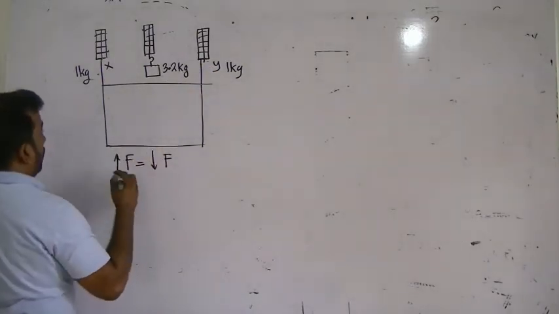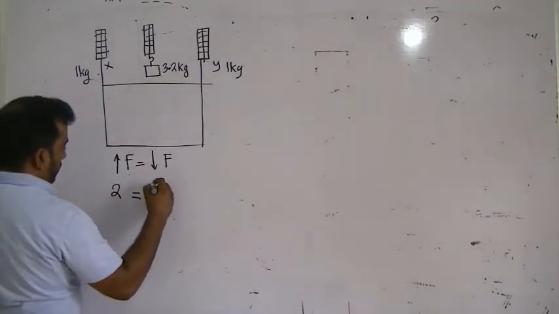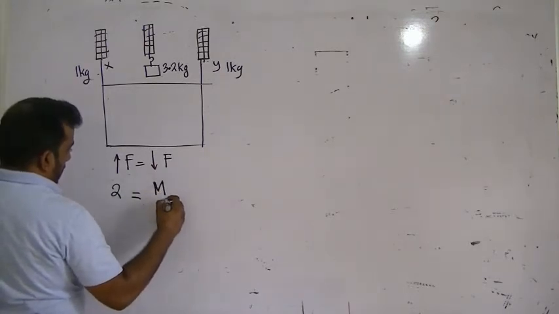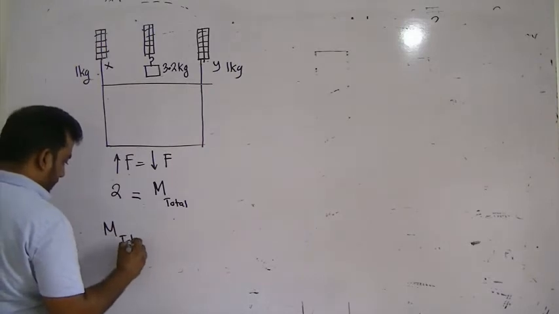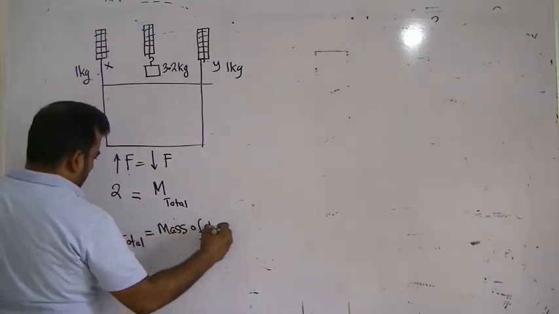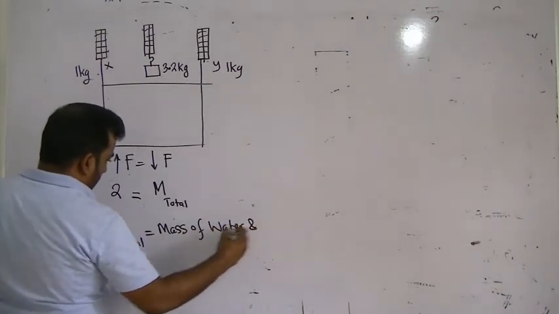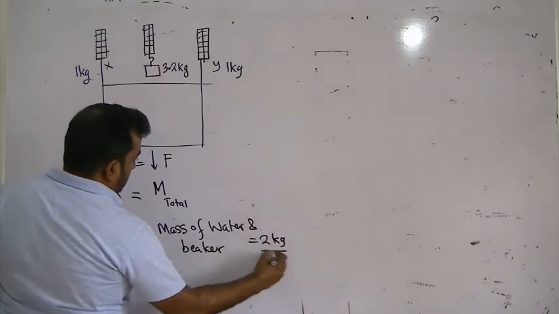The two readings in kilograms give 2 kilograms, which is equal to the total mass of the water and the beaker. The mass of the water and the beaker is 2 kilograms.